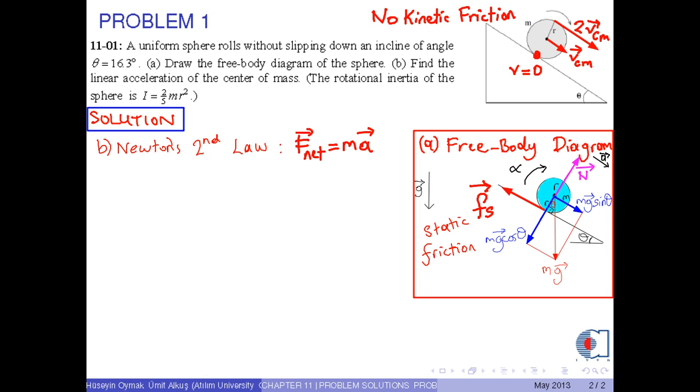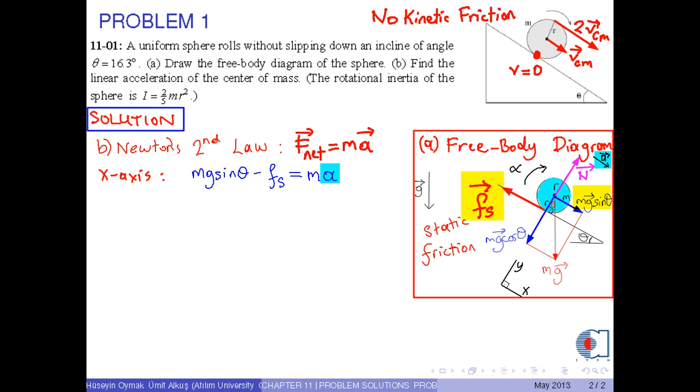In part B, we use Newton's second law, which is F net equals m times a, to find a. In the x-axis, F net has the component m times g times sine theta minus Fs, which is equal to m times a.